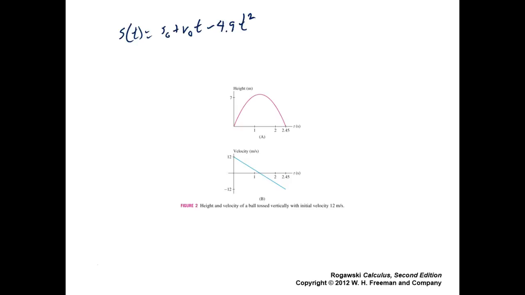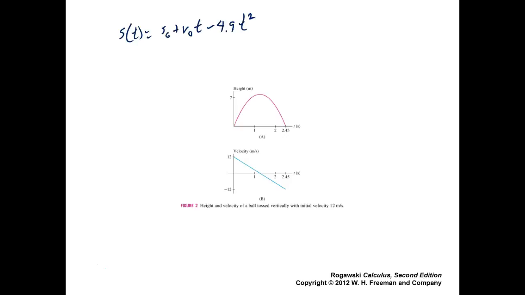It is S sub zero, but you can also think of it as S sub O, which would be original. In physics, it would be S sub I, meaning initial. So you see it lots of different ways.